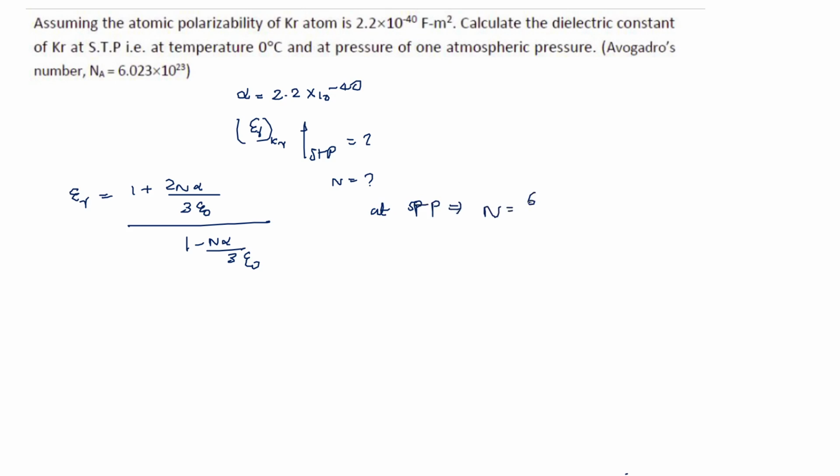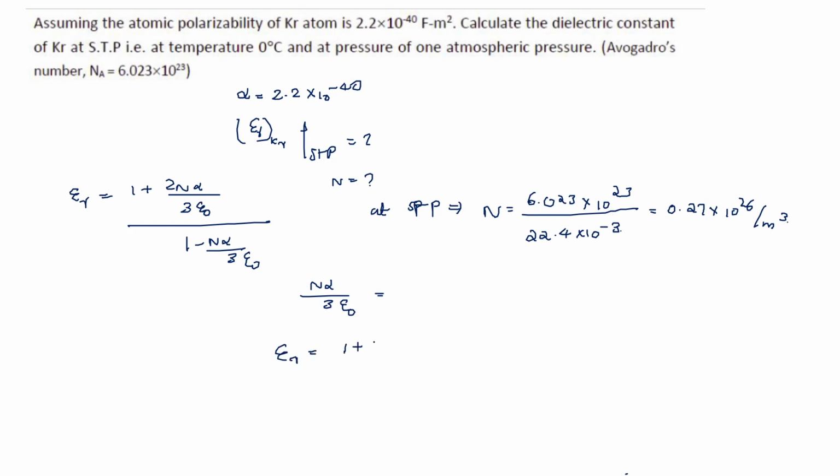N is equal to 6.023 into 10 to the power 23 divided by 22.4 into 10 to the power minus 3. So you will get the n value, that is 0.27 into 10 to the power 26 per meter cube. Now we have to calculate n alpha divided by 3 epsilon 0, substitute all the values and find the value. From there you calculate the epsilon r.